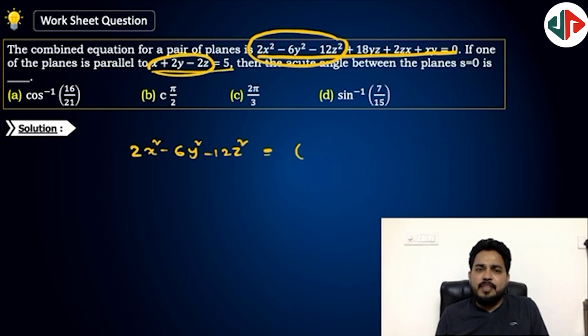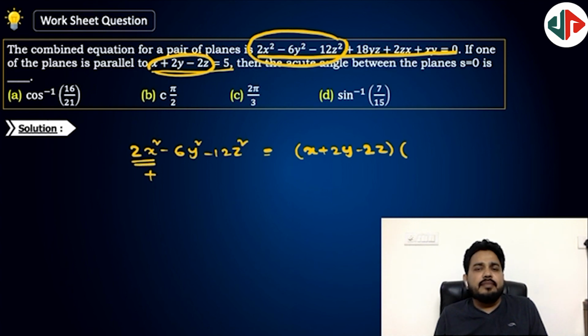So I am writing planes passing through the origin in only this. If I write this plane as ax plus by plus cz plus some constant, to reduce this one, here what happened? A1, A2, B1, B2, C1, C2.